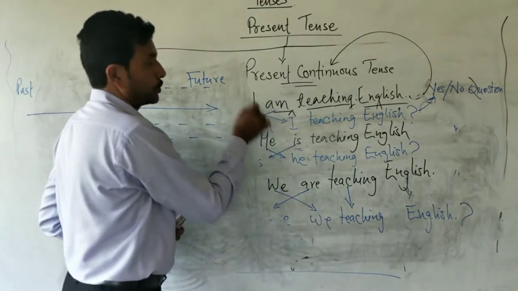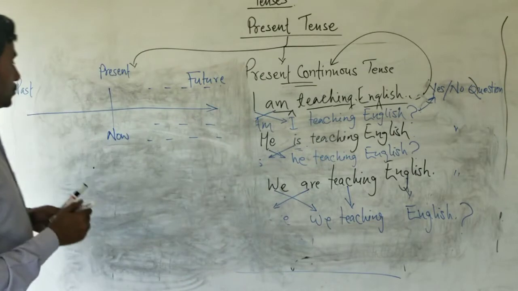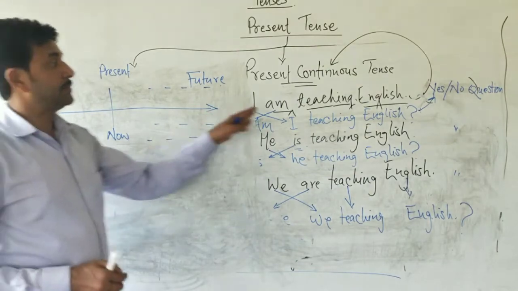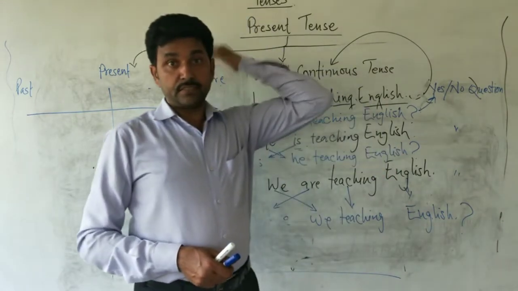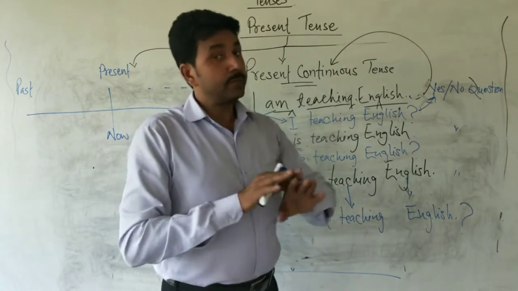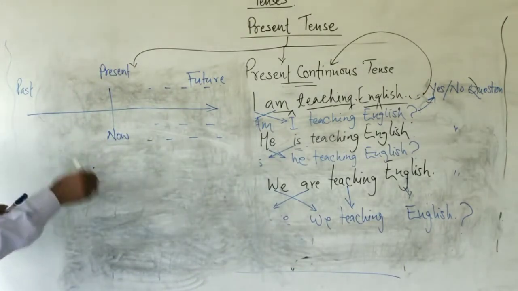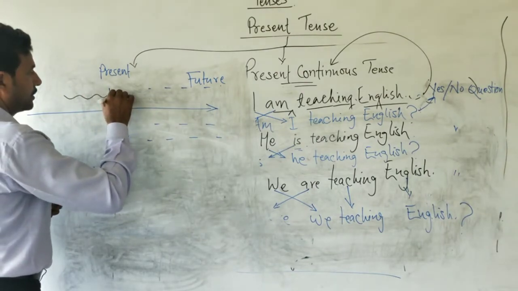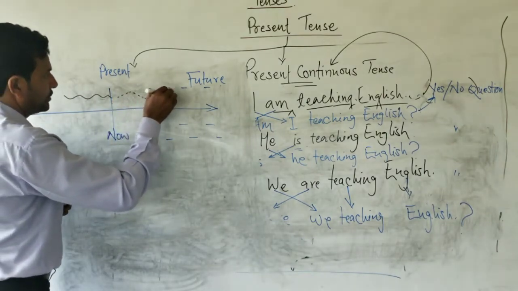If I have to show "I am teaching English," it means at the moment. So it falls here. Now is here. I am teaching English now, but I already started in the past and I am still doing it. I am in the middle, I have not finished it yet. I started, at this moment I am here, and I hope it will continue in the future also.